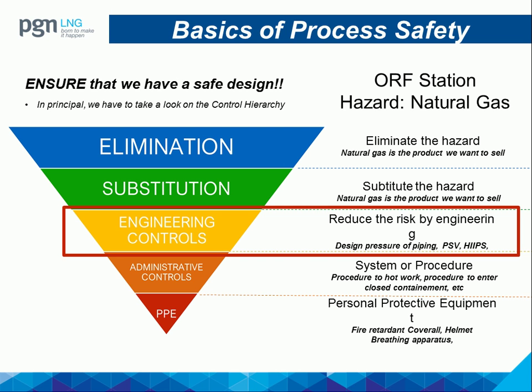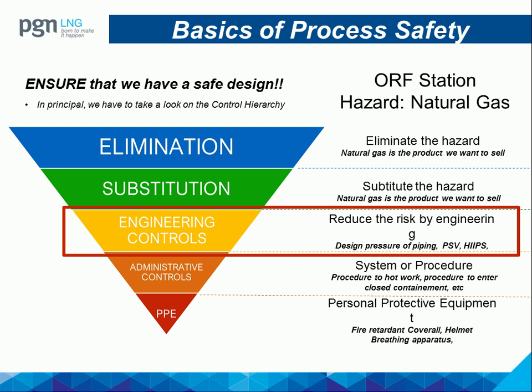So the first and the biggest part to achieve safe design is by eliminating the hazard. And in this case, the hazard is natural gas, which is the product that we want to sell. So we cannot eliminate it. So we need to go to the second step of the control hierarchy, which is basically substitution.